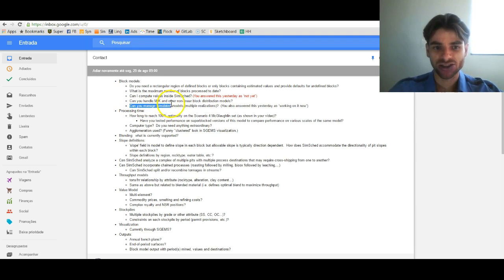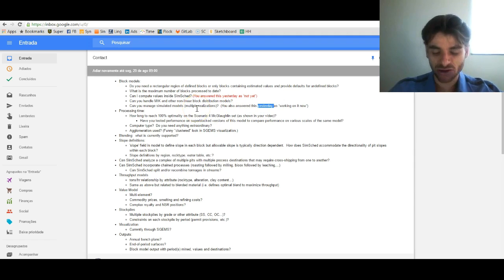So, can you manage simulated models, multiple realizations? Yes, and it's ready. We're not working on it. SimSched, Sim is about simulations, although we're not advertising this a lot at the beginning because we believe the direct block scheduling part is the biggest shift we're making in mine planning.